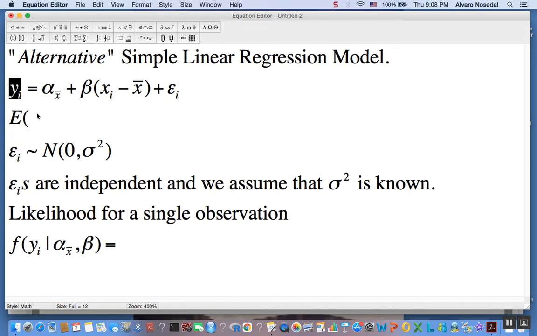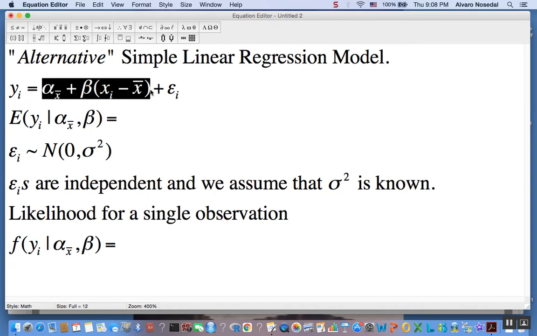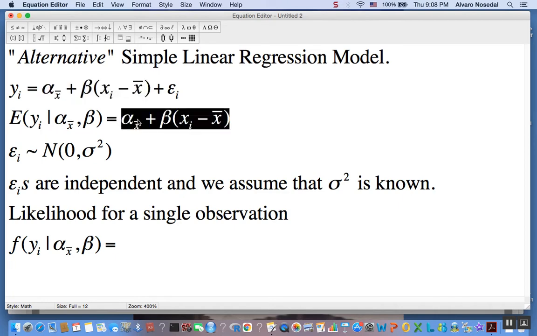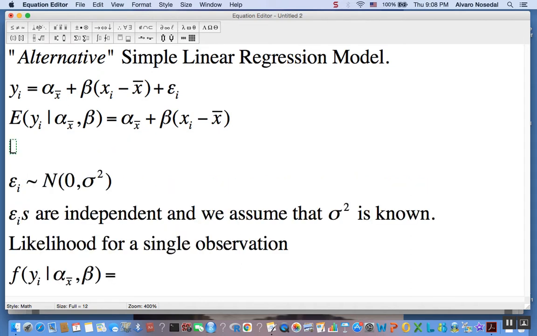So we could write that the expected value of yi, given particular values of alpha x bar and beta, is just going to be this, because the expected value of the epsilon is 0.